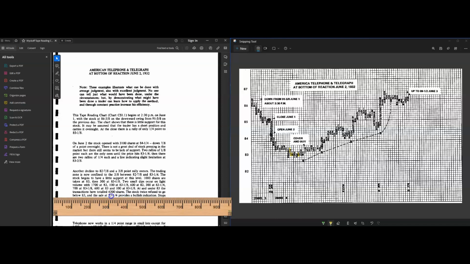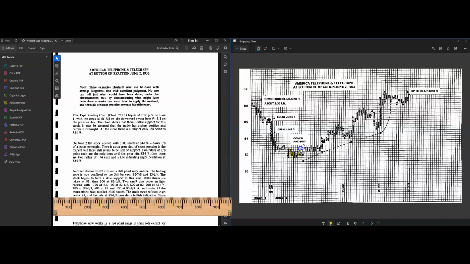And third, you have a sale above the POC, above this 6,300 accumulated. Putting these three indications together, he's saying that this is bullish. Why? First indication, it's not going down.